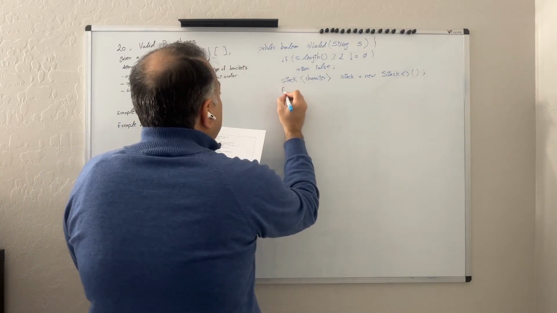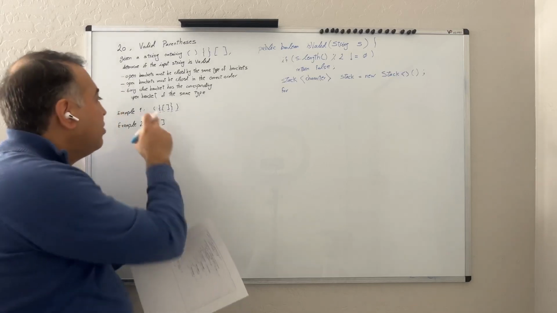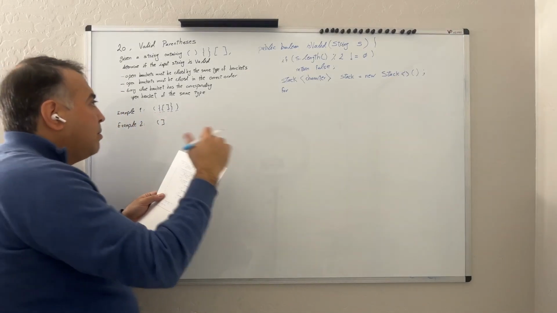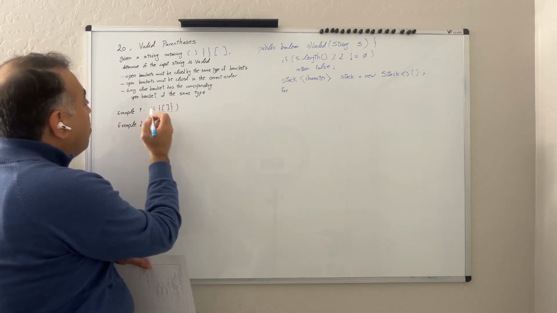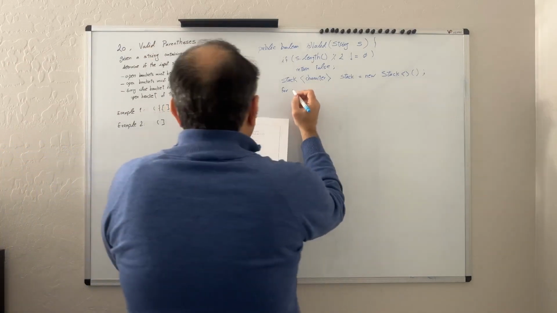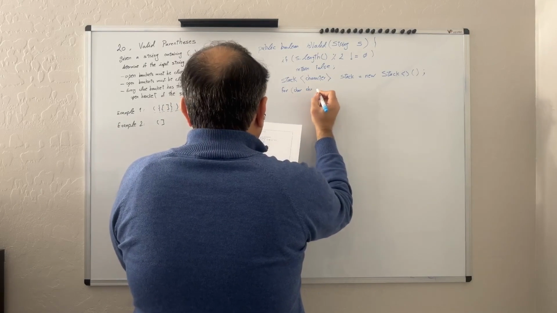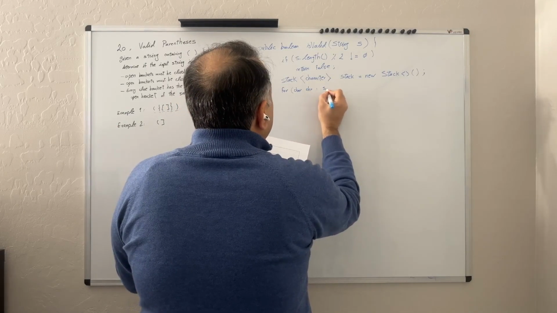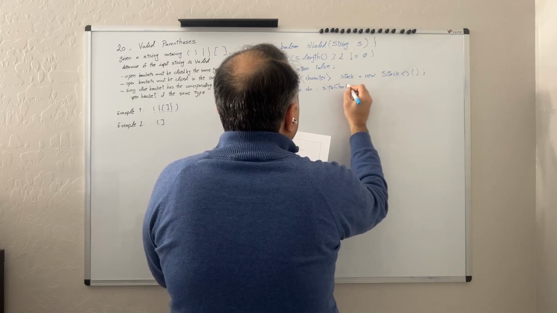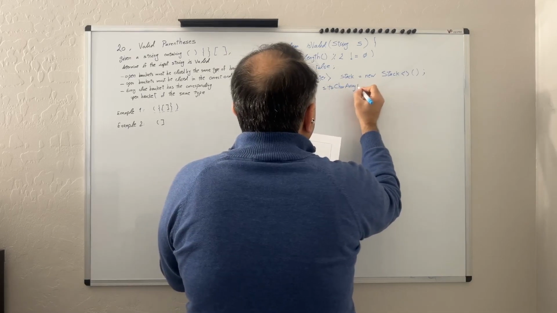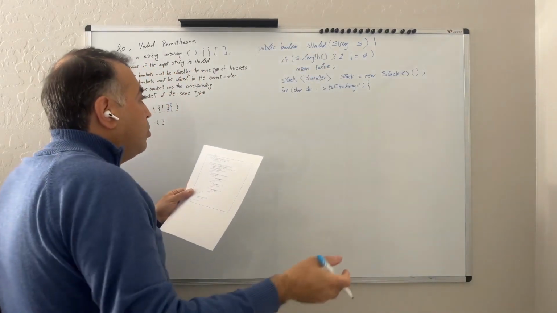And then, as I showed you, I need to iterate through all the items in the string, all the letters one by one, and add them to the stack as long as they are an open bracket or open parenthesis. So for each character, chr, in the array, I need to look through it.